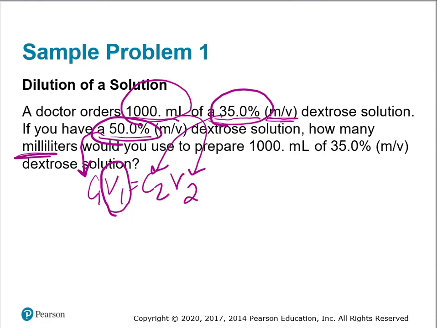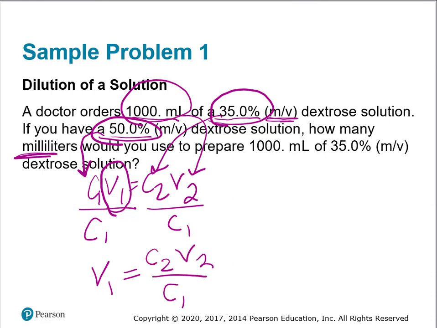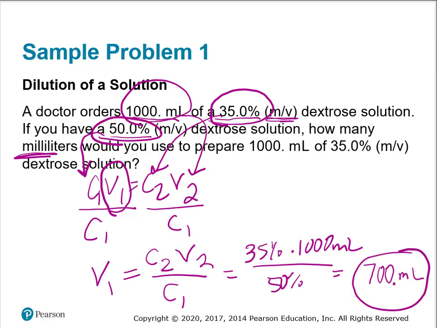It depends on how you want to go. If you just want to plug everything in as is, or sometimes people want to just solve for V1. So we would divide both sides by C1 to find that first volume: C2 times V2 divided by C1. It doesn't matter which way you go about it, you'll get the same answer. So I did 35% times 1,000 divided by 50%, and those percents will cancel out, leaving me with milliliters of solution.